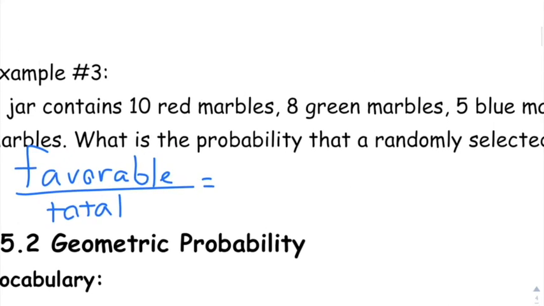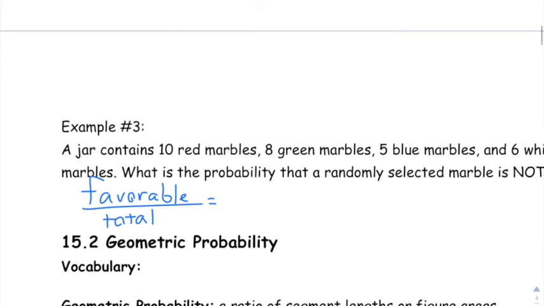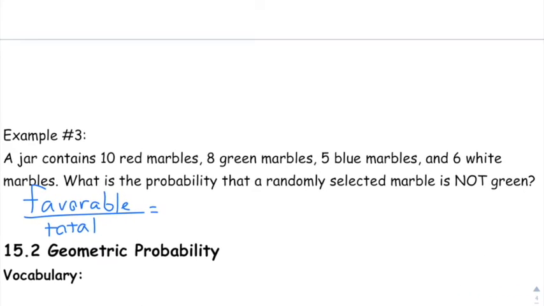So first of all, we need to figure out the total number of marbles here. So you've got 10, 8, 5, and 6. So I believe that'll be 29. So there are 29 total marbles that you can pull.